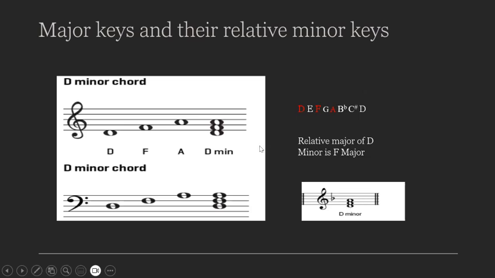So these are salient points you need to take when you're writing your triads in minor scales. You need to know the relative major. You need to know, is it requiring you to write it using accidental form or key signature? Then you need to know what type of minor scale you are writing on. Is it harmonic? Is it melodic? Is it natural?